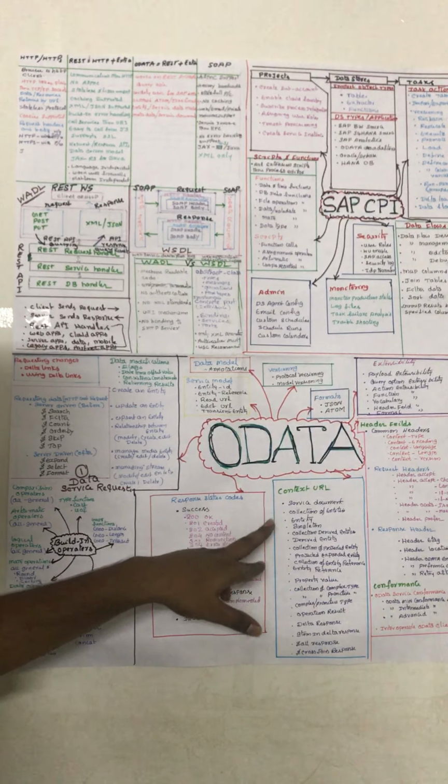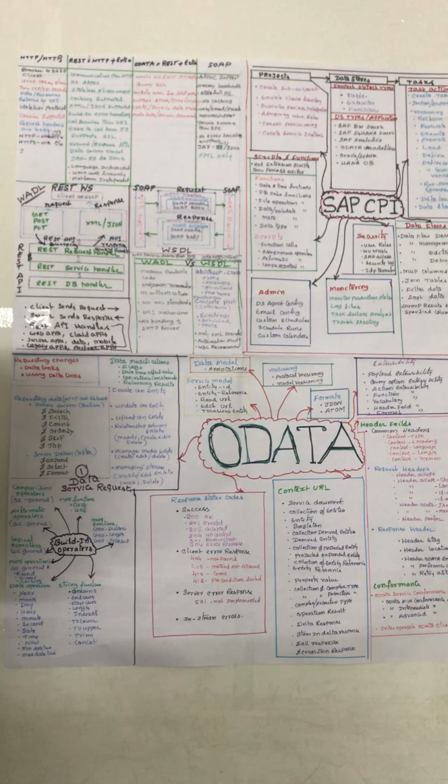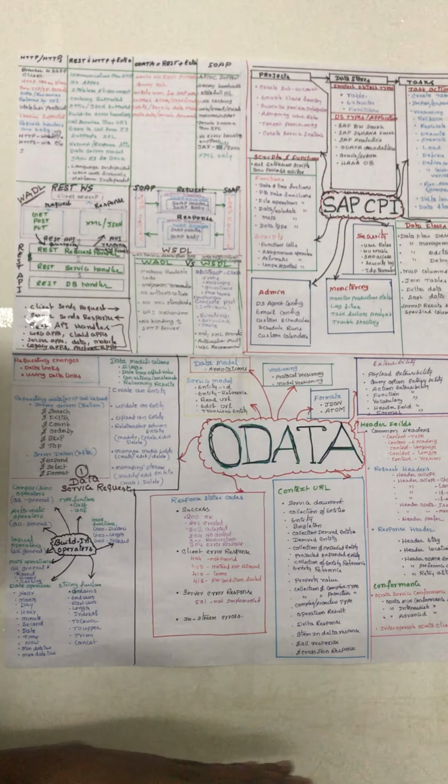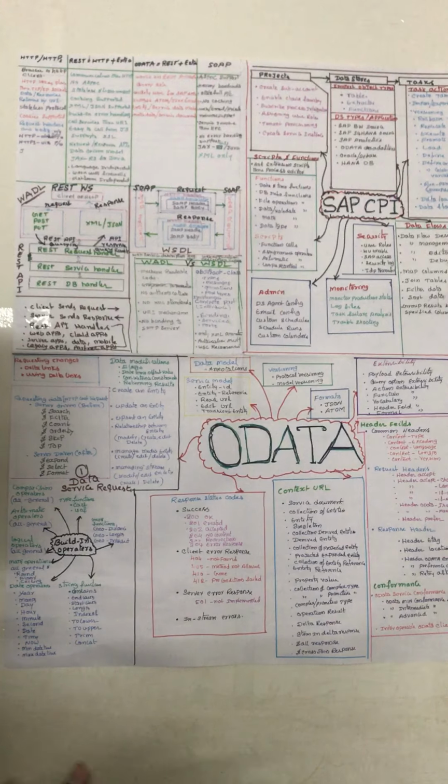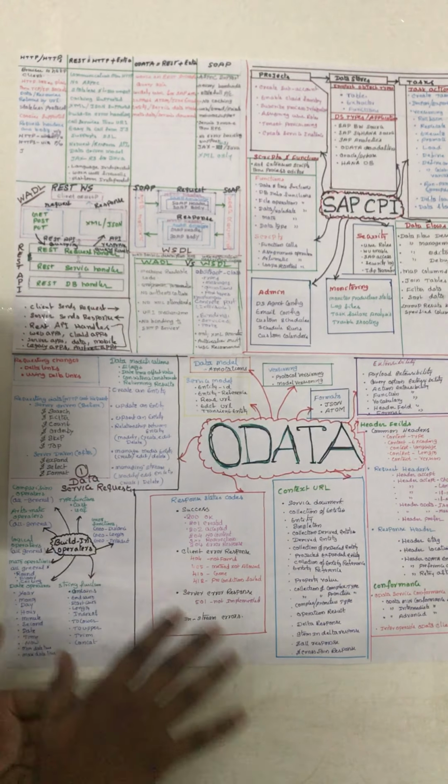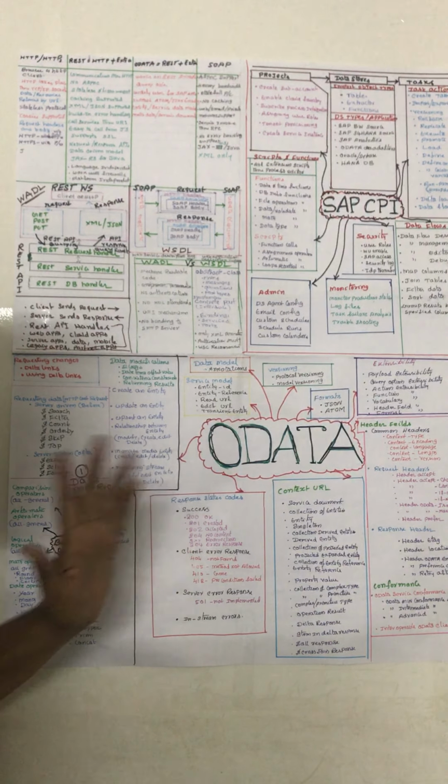And next, if you come to context URL, there are many things. When there is a URL for OData based on REST architecture, there will be many contexts and many types of entities, and also many types of responses and primitive types and all in context URLs.